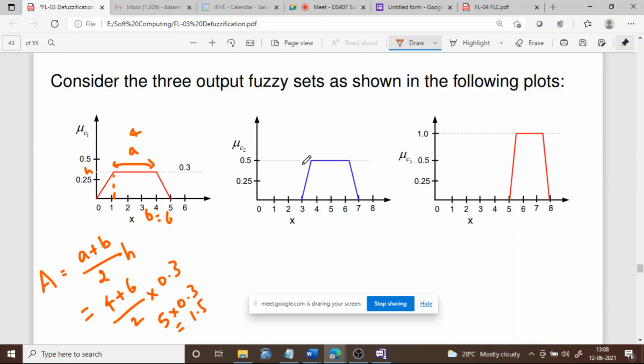You can type in the chat also. What's the value of H in the second plot? In this plot, what is the value of H?